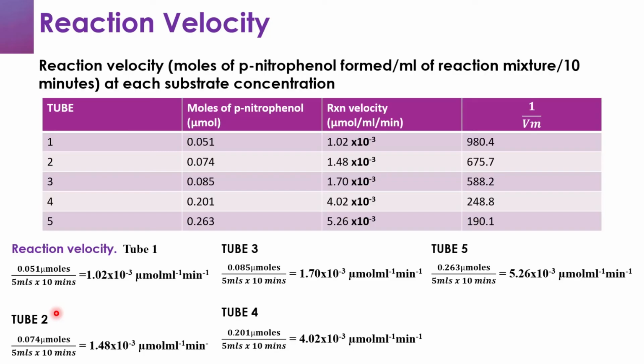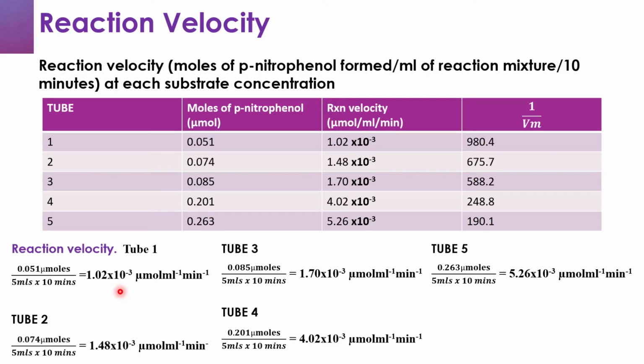So to calculate the reaction velocity for the first reaction in the first test tube, we put the moles of p-nitrophenol formed over here, then we divide it by the volume of the reaction mixture, which is 5 mL, times the time for incubation, which is 10 minutes. For the first test tube, if you do the calculation, we'll get 1.02 times 10 exponent negative 3 micromole per ml per minute.